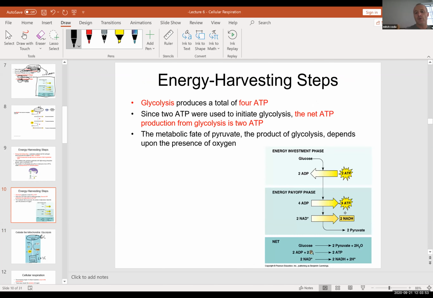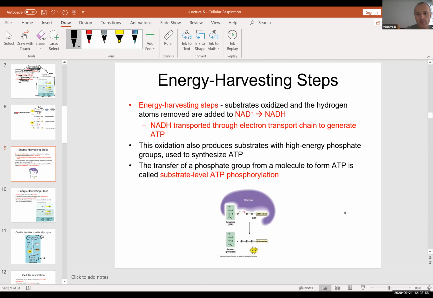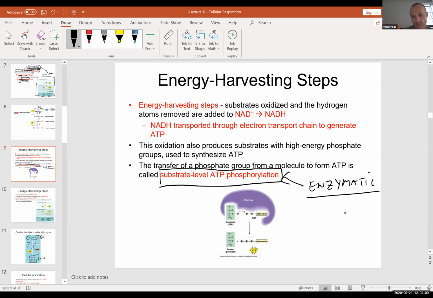Now, the process through which ATP is produced in the first step is called substrate level ATP phosphorylation. This is an enzymatic process, which means that you use an enzyme. If you look right here, ATP is formed from ADP and a phosphate. ADP plus phosphate turns into ATP, as we learned last week.